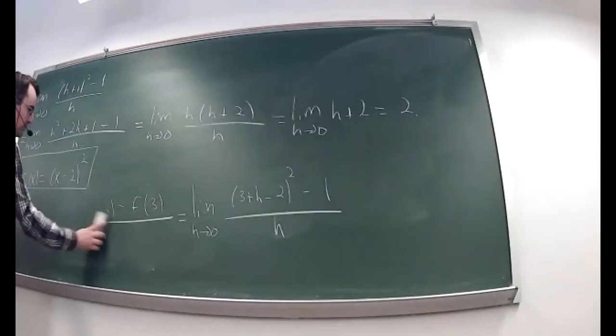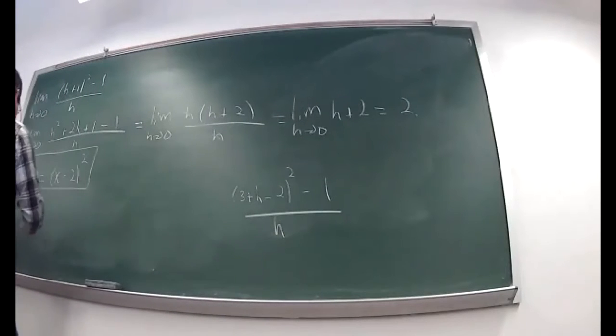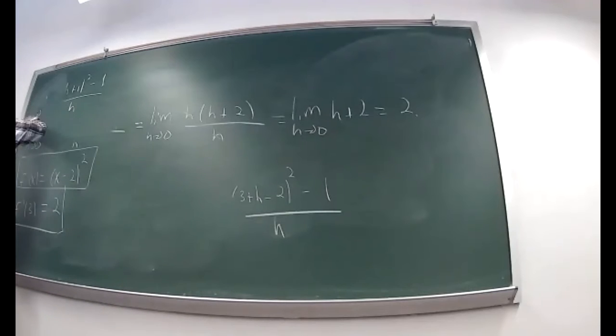So I'll record the work that we've done here. We calculated that f prime of 3 was equal to 2, which tells us that the instantaneous velocity of this function at the point x equals 3 is equal to 2.